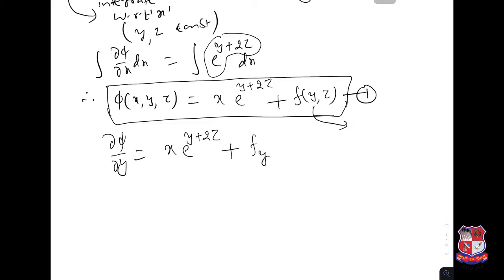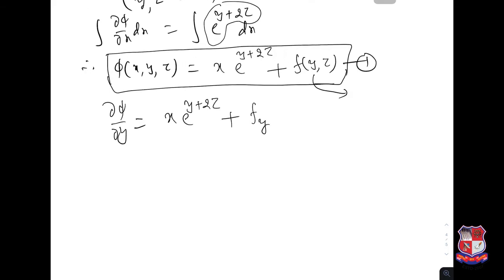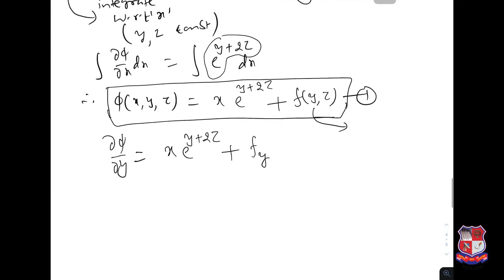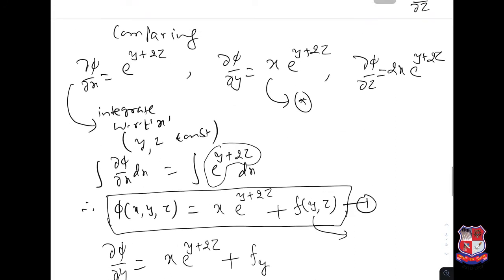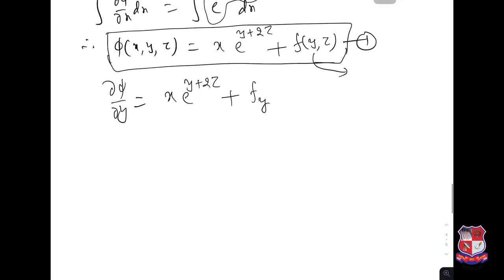So we write like this, f suffix y, so that means it's a partial derivative with respect to y. So here z is constant. Now the value of del phi by del y we have here. From star we can put that value, so it is x e power y plus 2z.